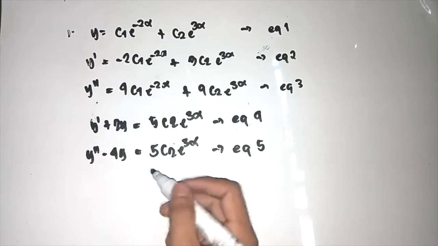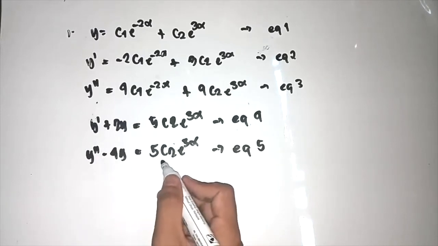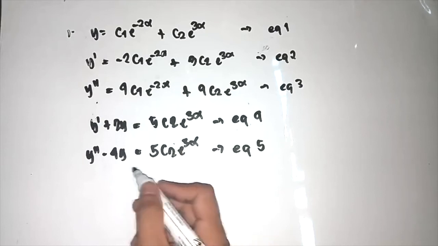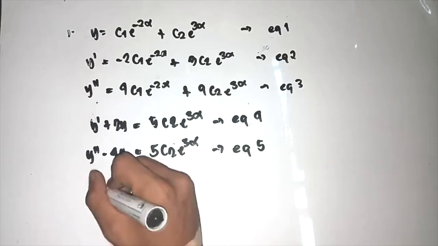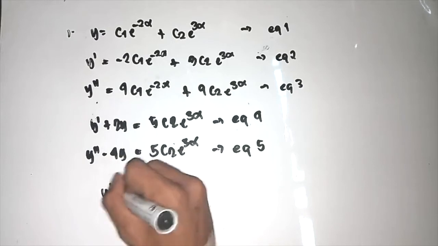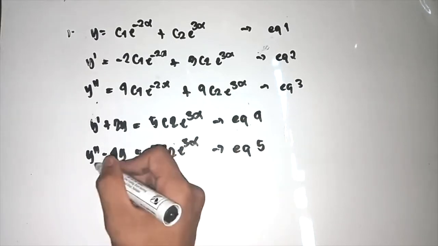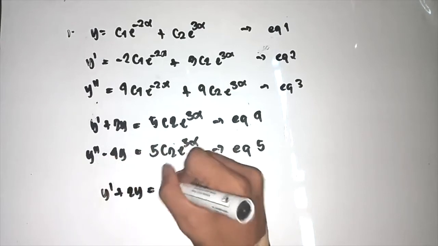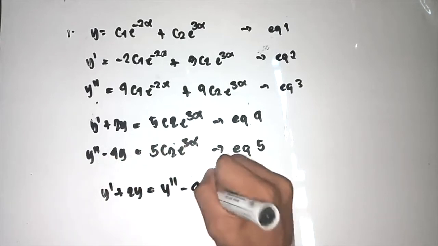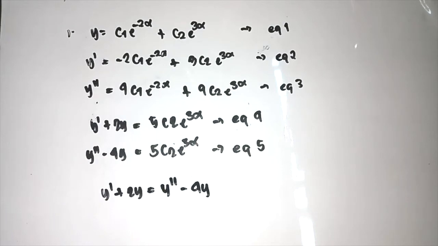So since we have a value of 5c2 e raised to 3x, I will just equate this. So this will become y prime plus 2y equal to 5c2 e raised to 3x, which is here. So y double prime minus 4y.